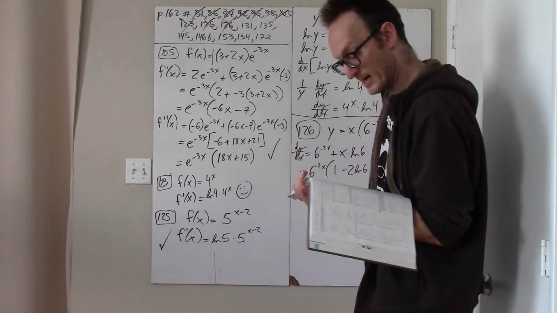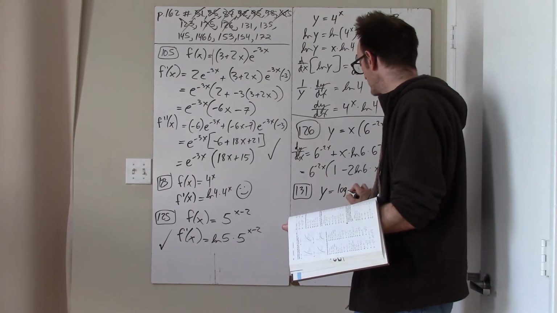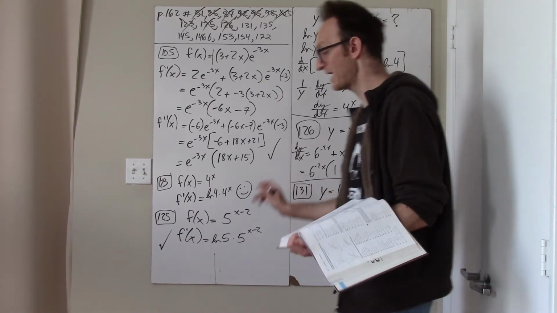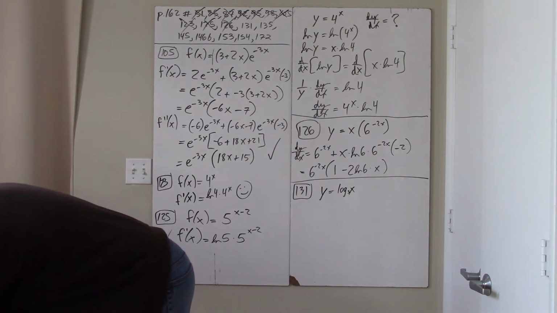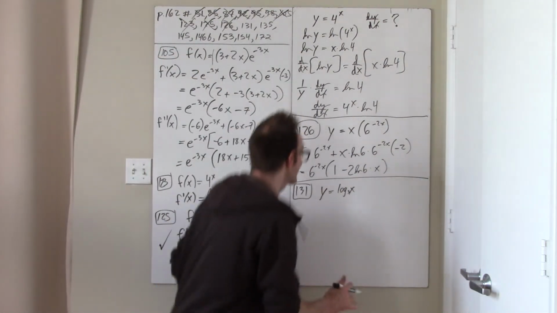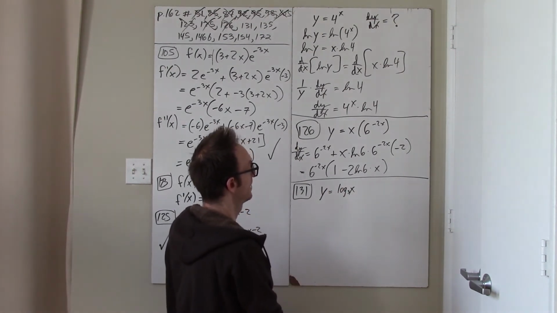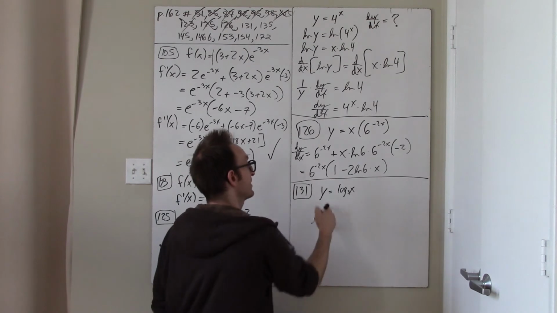131 is y equals log base 3 of x. Okay, well, once again, maybe you've just memorized this rule, but we can rederive it. How? Just by 3-upping both sides.